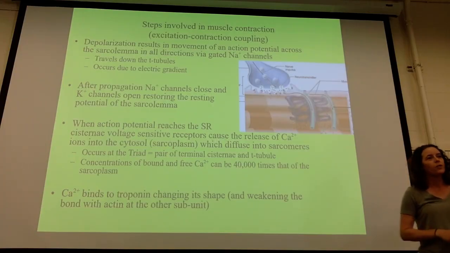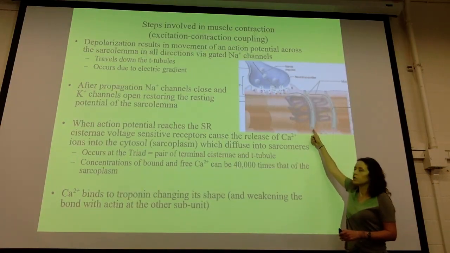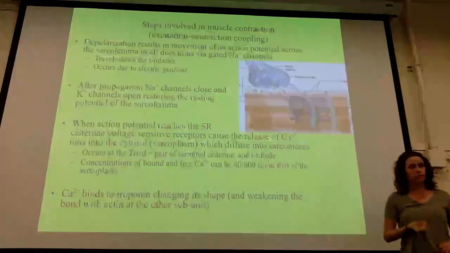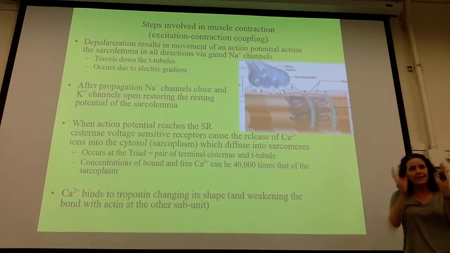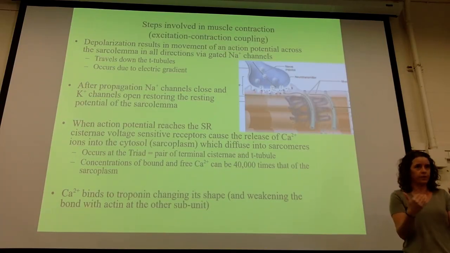Okay. So as the action potential travels down those T-tubules, right next to the T-tubules on either side, we have expanded chambers of the SR. That's called the cisternae. Those expanded chambers contain a ton of calcium.